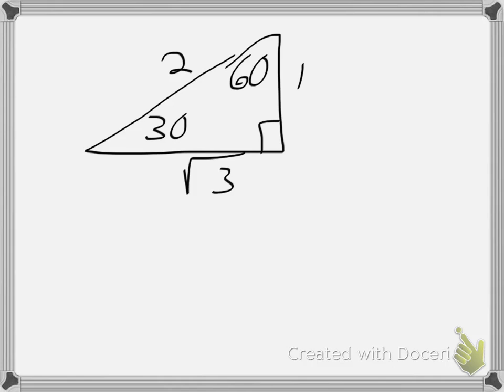Since I'm talking about tangent, what angle could I take opposite over adjacent to find 1 over square root of 3? And in this case, you can see it's going to be my 30 degrees, or pi over 6.